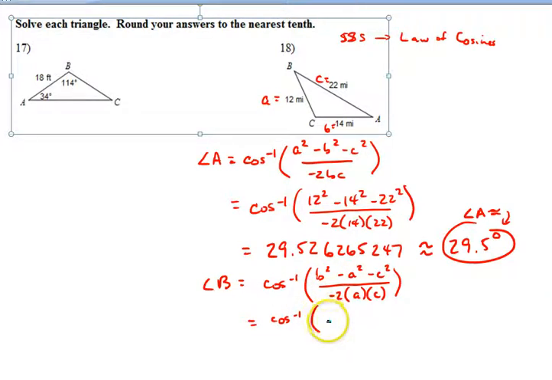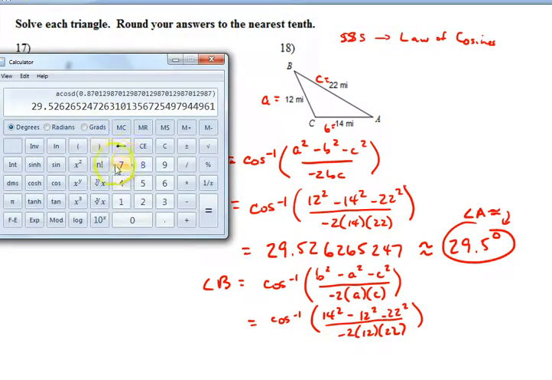B is 14 squared minus 12 squared minus 22 squared all over negative 2 times 12 times 22. Let's clear the calculator.